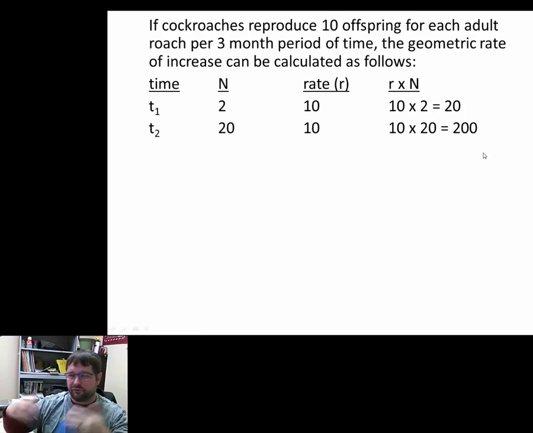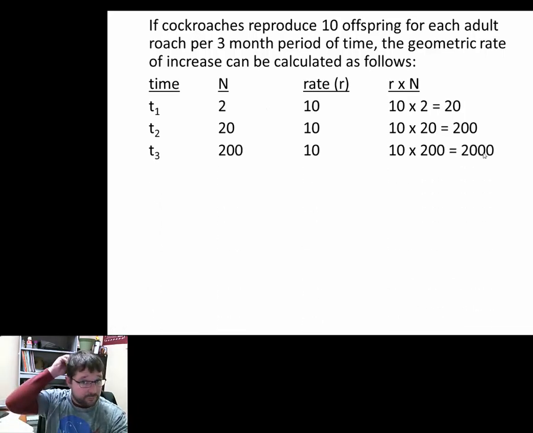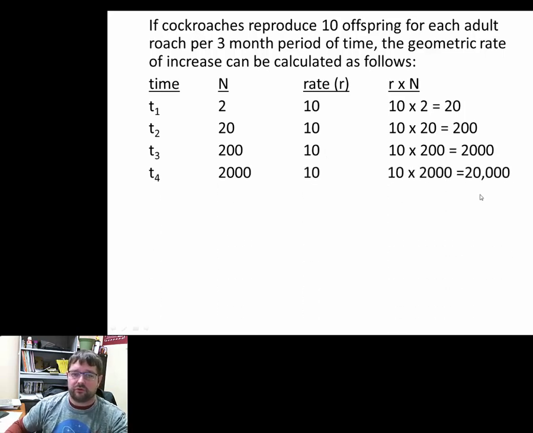Okay? This is just hypothetical. Now your population is 200, so this is the third set of 3 months times 10. Now you're at 2,000 cockroaches, and then the last one you take 2,000. Now you're at 20,000 cockroaches. So we're talking about 4 cockroaches in 1 year's time can produce 20,000 offspring, 20,000 cockroaches, potentially.